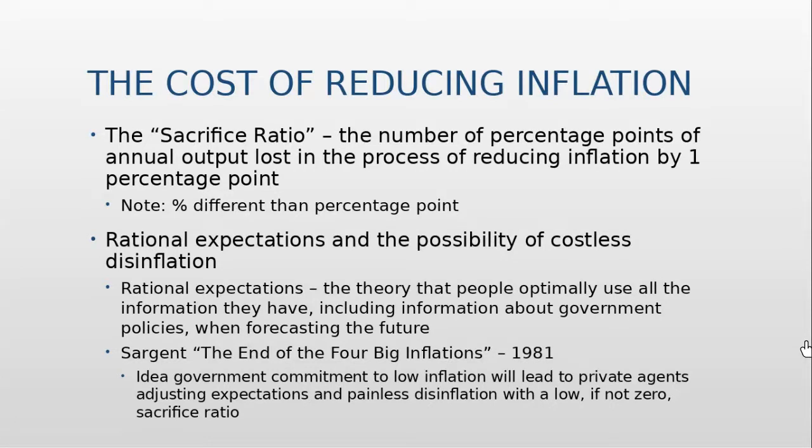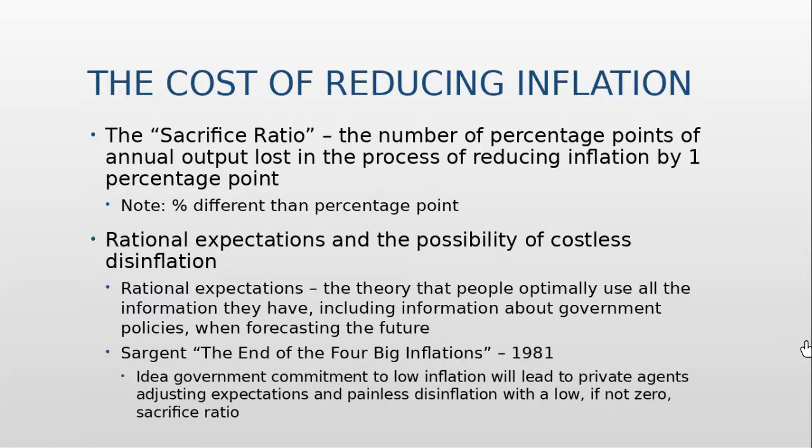Now, there's an interesting theory here called rational expectations and the possibility of costless disinflation. The rational expectations school is the theory that people optimally use all the information they have, including information about government policies, when forecasting the future. The person that created this idea is Thomas Sargent, and he wrote a paper in 1981 called The End of the Four Big Inflations.